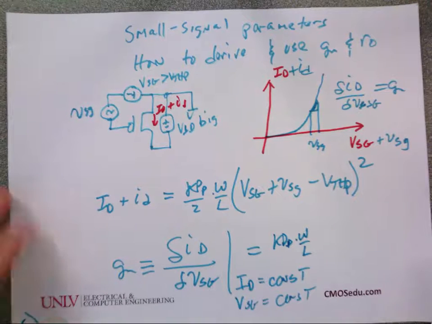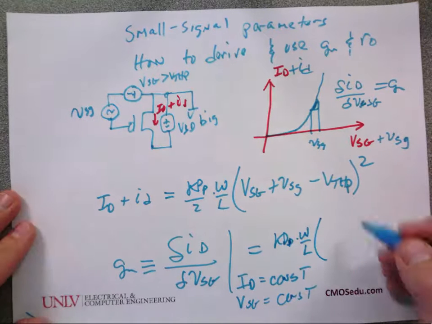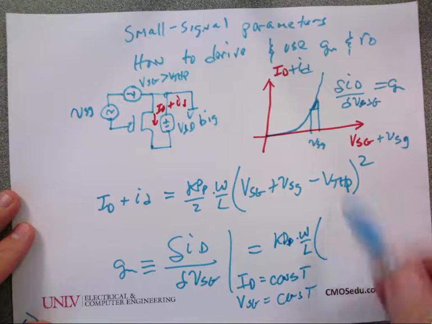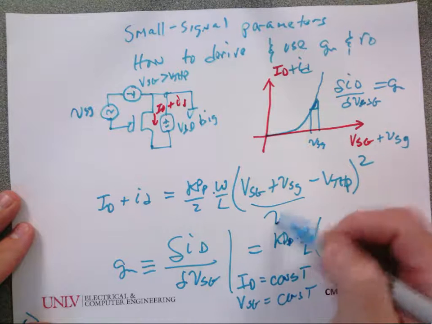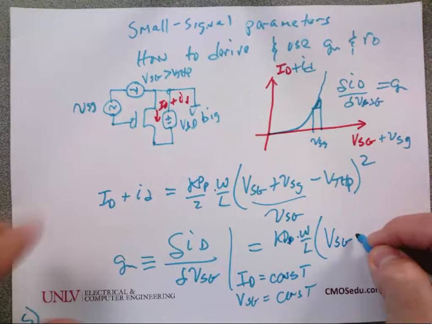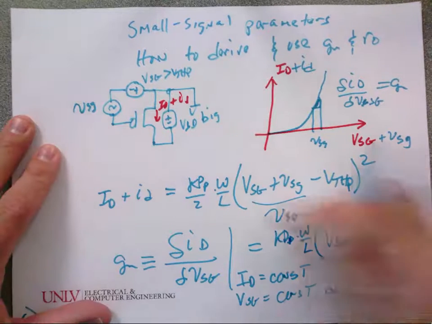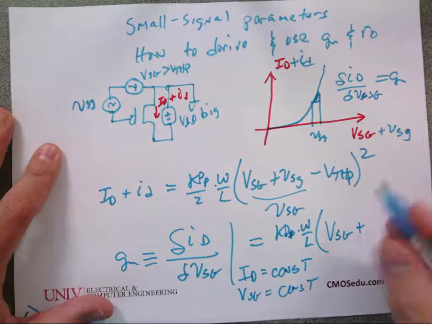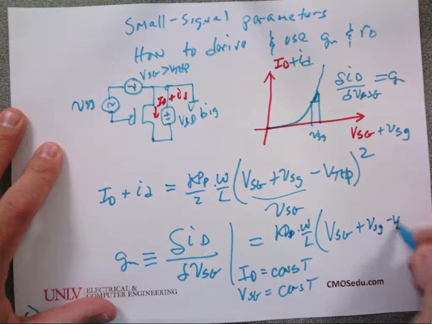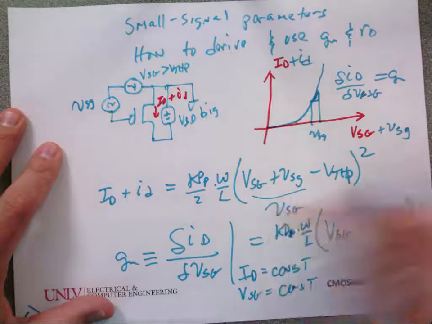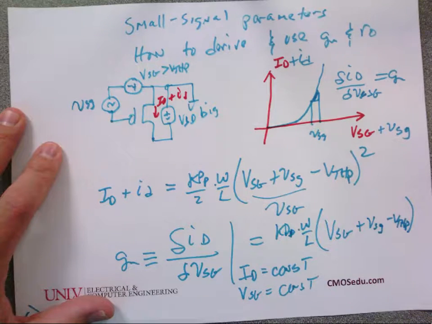How was your calculus education? Okay, that's not what I like. So when I take the derivative, I have to take the derivative of what's inside here with respect to VSG, and the 2 came down.